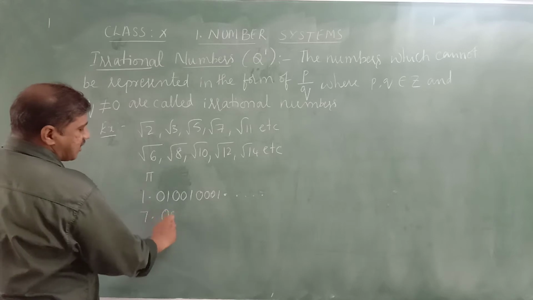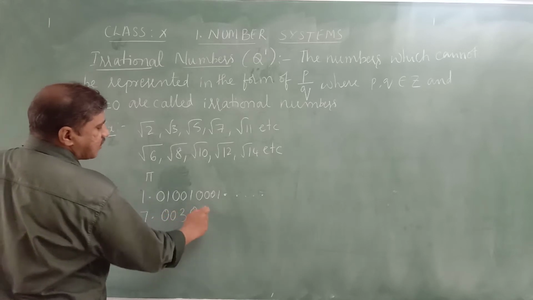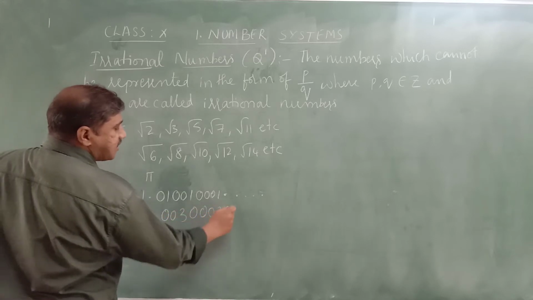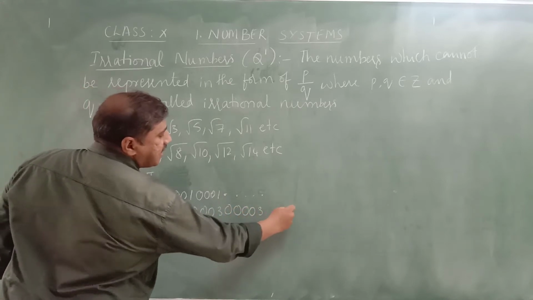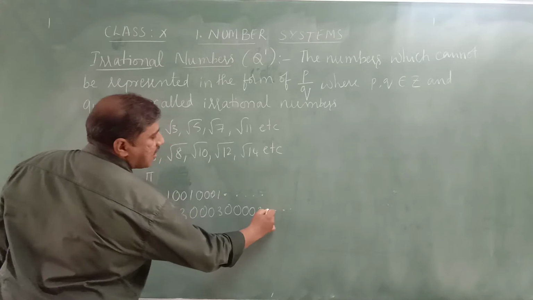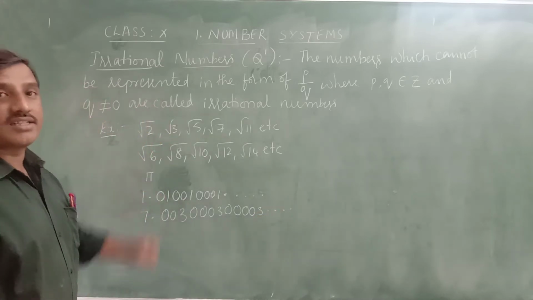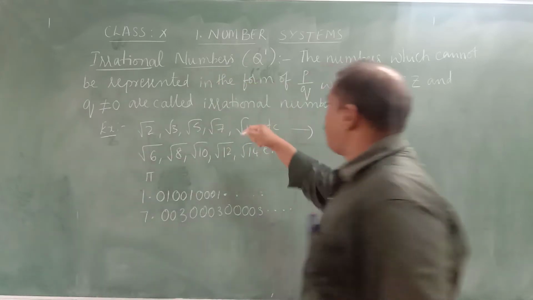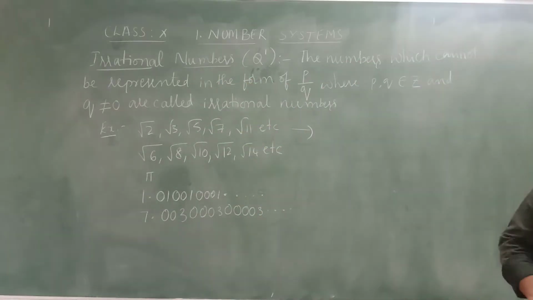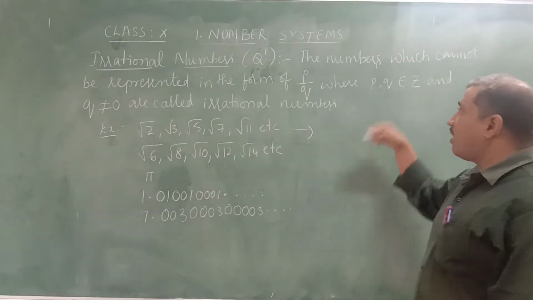Numbers like 7.0030003 and so on are also irrational numbers. So from this, what can we write? The square roots of all prime numbers are irrational.